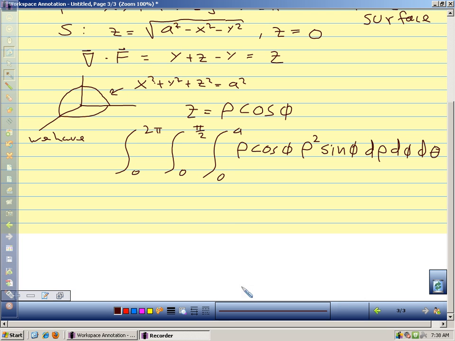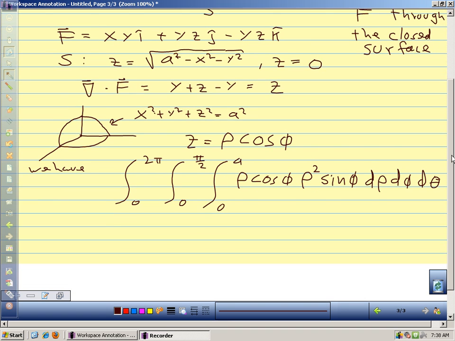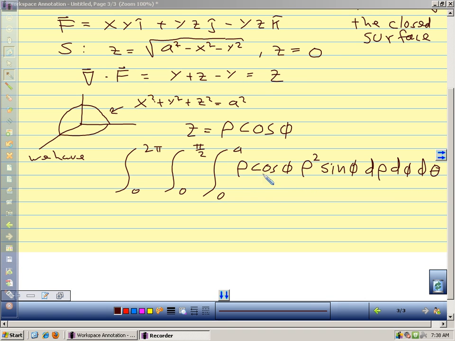Is that just because you know that z equals rho cosine phi? Yep, I just plug that in, so my divergence is just z. The divergence theorem tells us that this surface integral is equal to the integral of the divergence over the solid region. So I just plugged in z here, and then this whole thing is my dV in spherical coordinates.